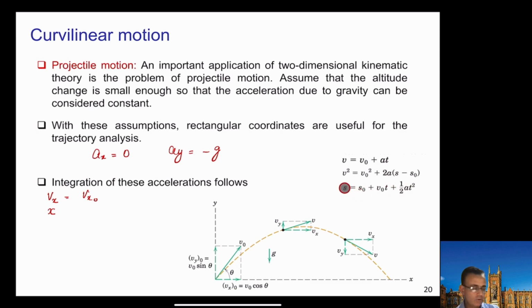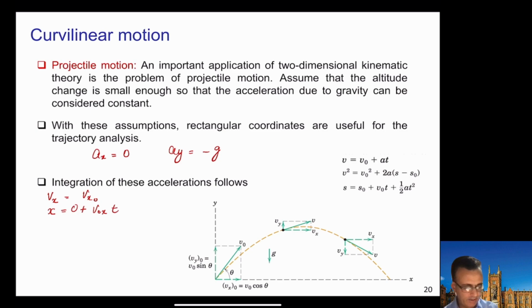So we represent s by x here, and it depends on the initial position, for example, if it is 0, plus v naught t. So v naught here is v naught x, and t.